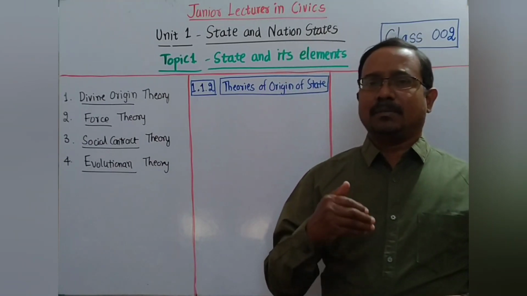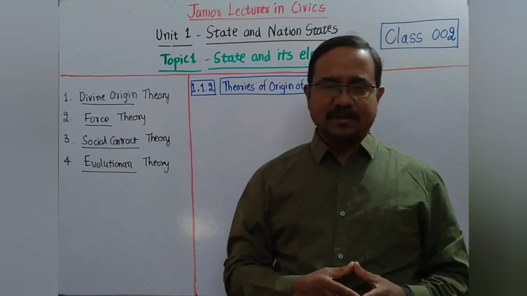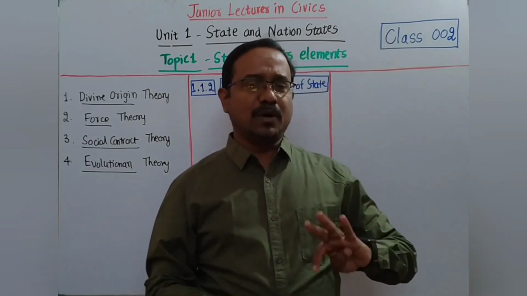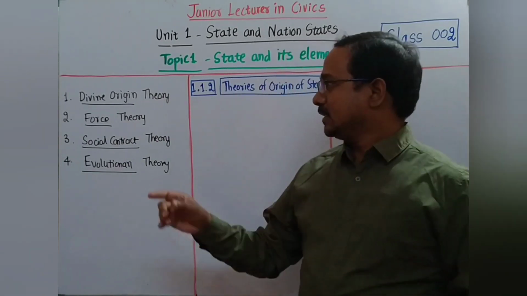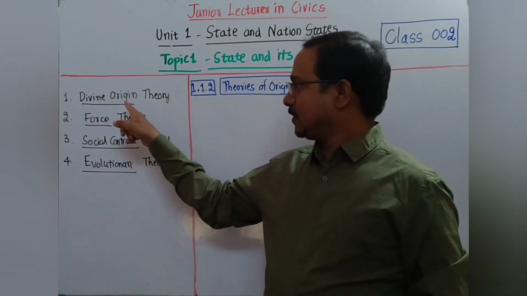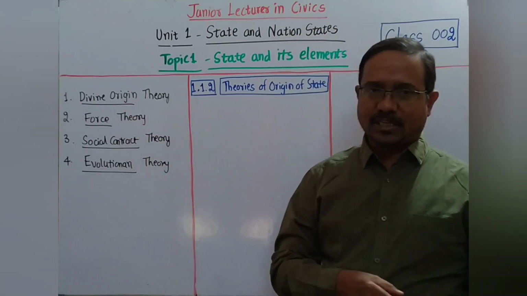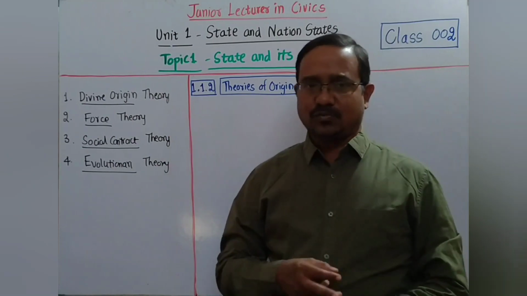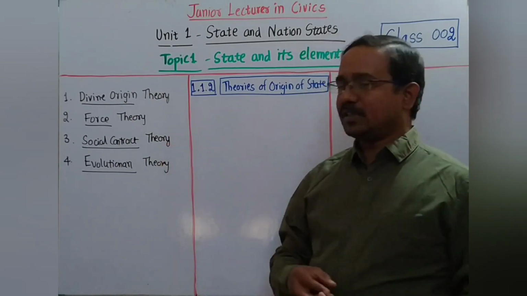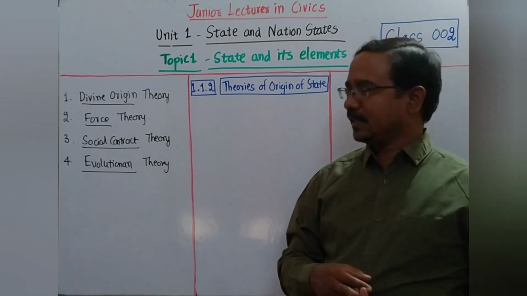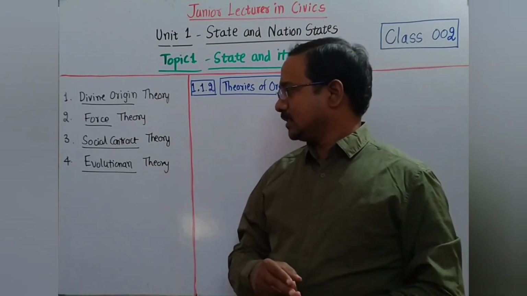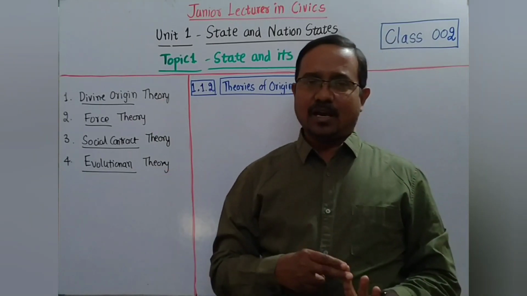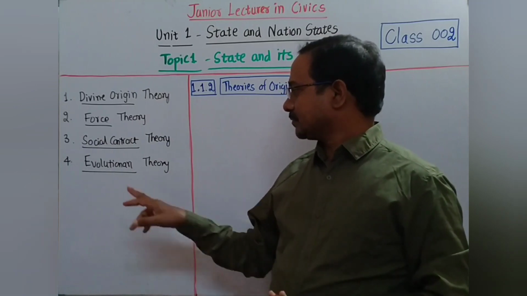There are many theories regarding this, but there are 4 more popular theories. The first one is divine origin theory, second one is force theory, third one is social contract theory, fourth one is evolution or evolutionary theory.